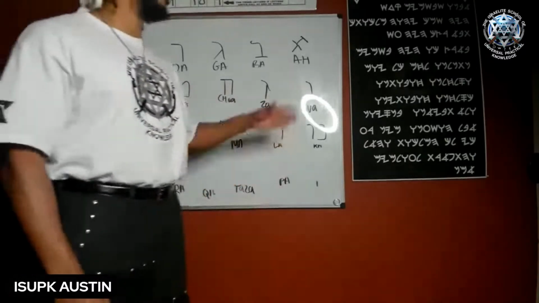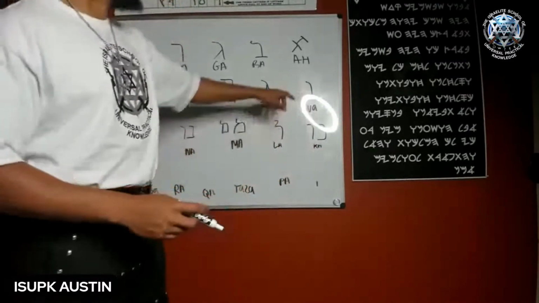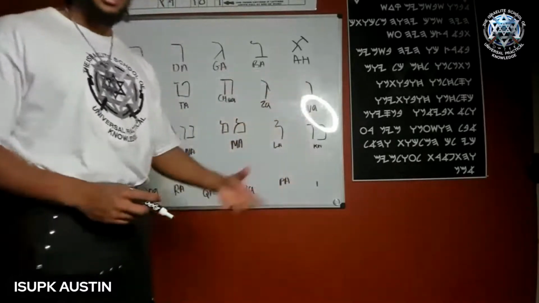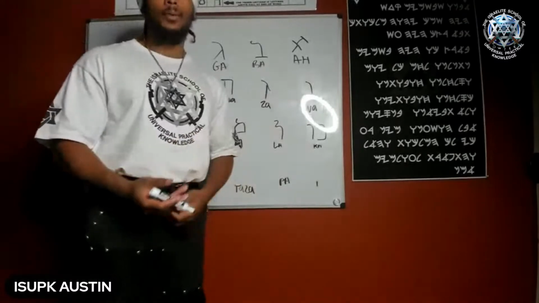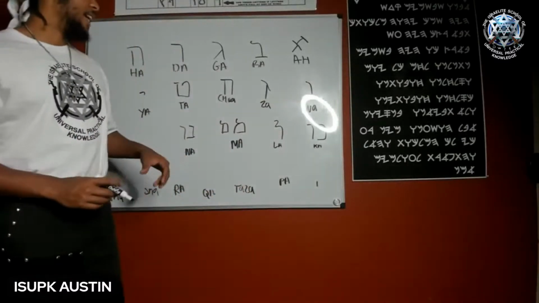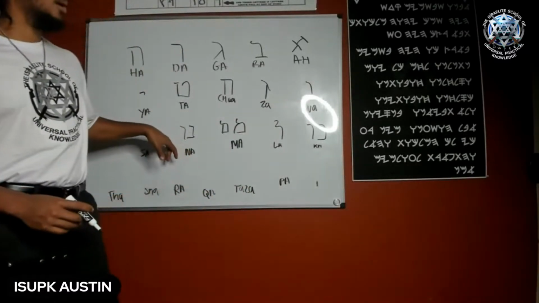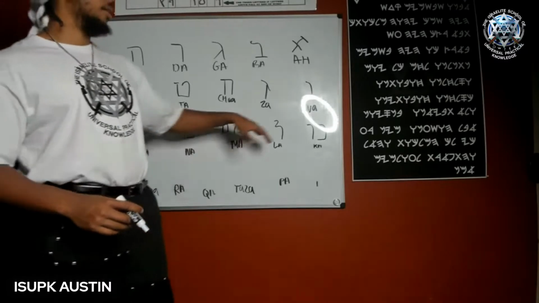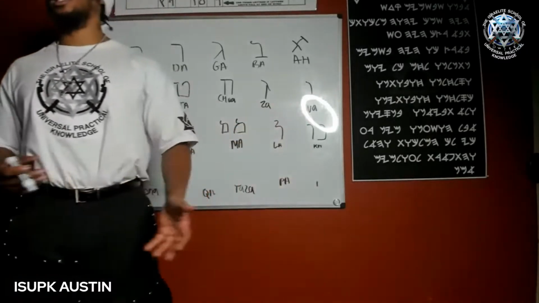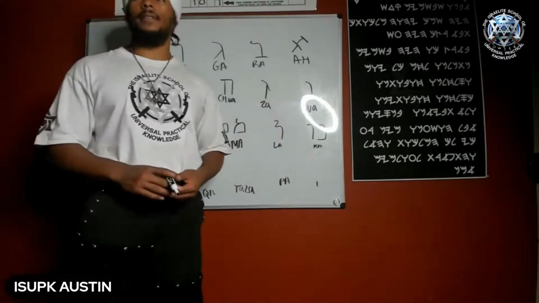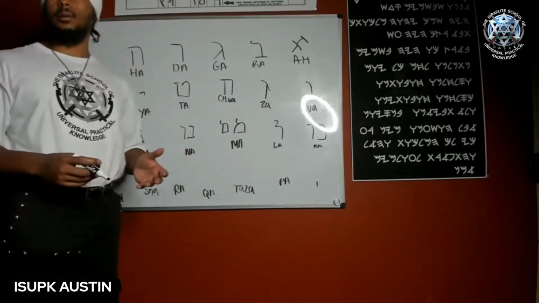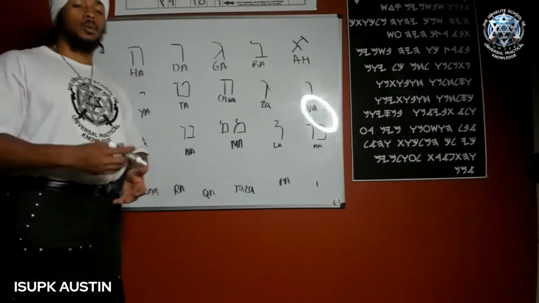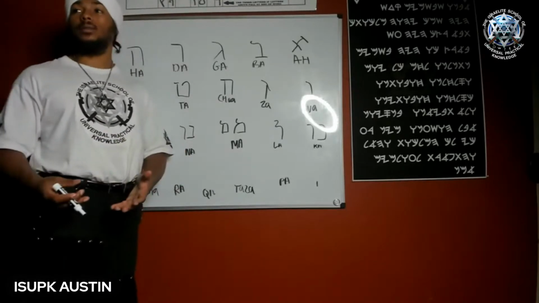Those are two things you might mistake, but little things like the way the top is curved can help you tell the difference. As you understand more words in Hebrew, you understand that if I see this at the end, most of the time it's going to be Na rather than Wa, because the end of the word is usually going to end with an N sound.